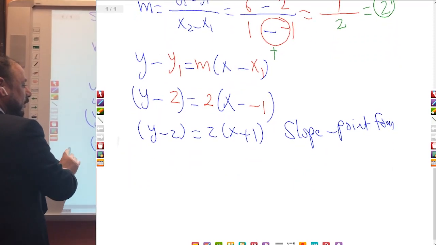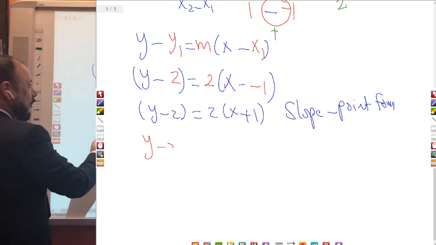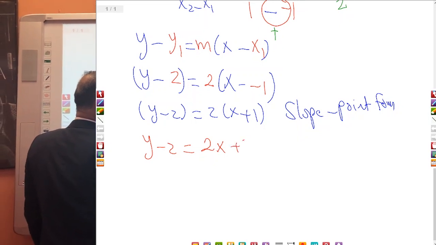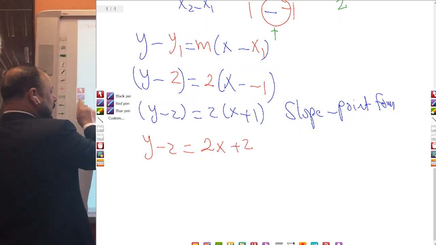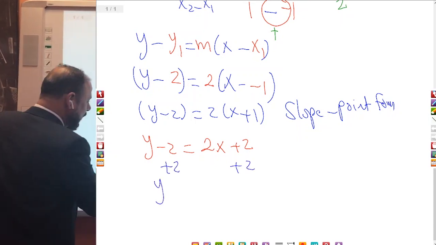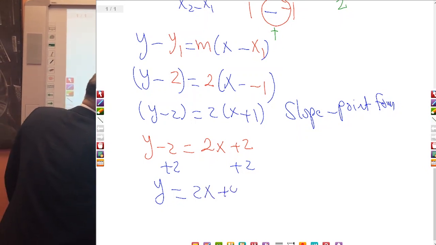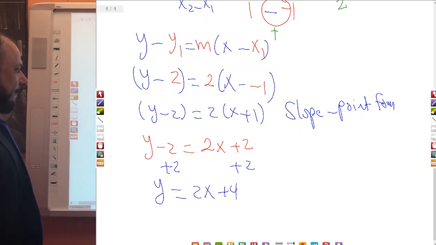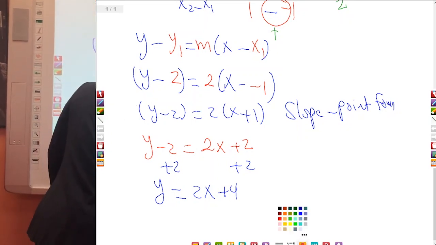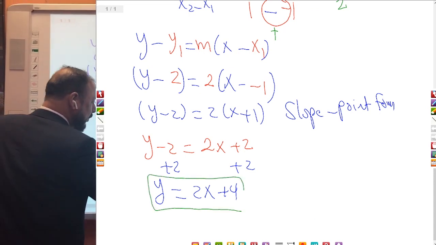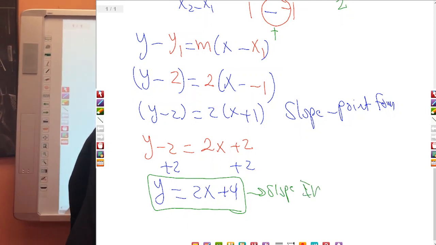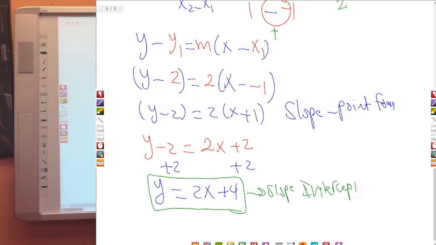Now let us simplify this form. y minus 2 equals 2 times x, 2x, plus 2. Good? Now, if you add 2 to both sides to keep y by itself, you will get y equals 2x plus 4. Now look at the final answer. My answer here is the slope-intercept form.